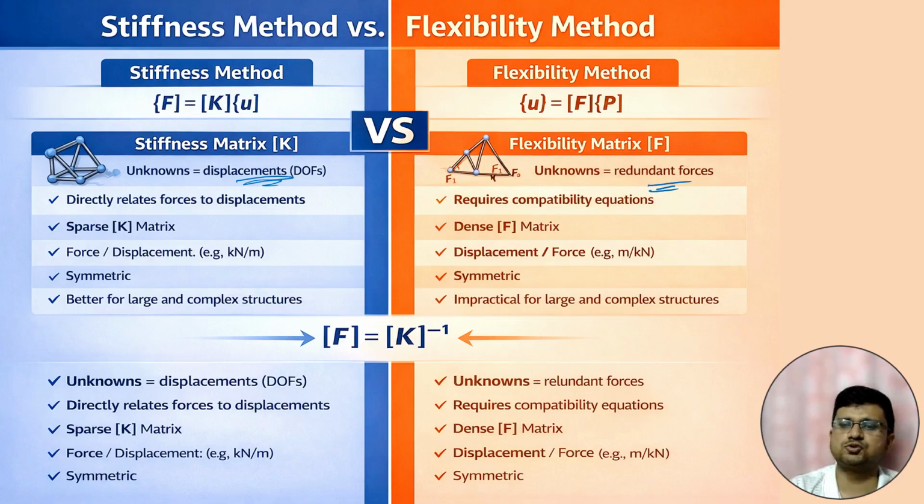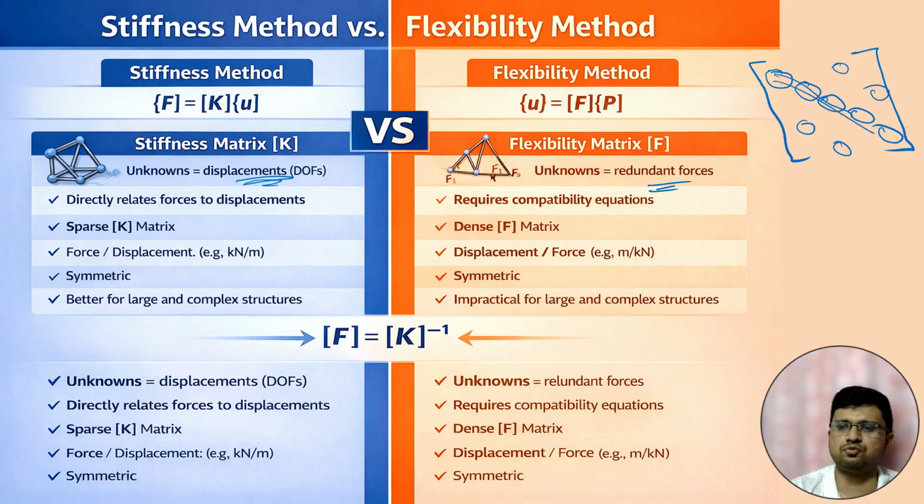Another very important thing is that normally stiffness matrices are sparse and banded. Banded means that if we go for a large stiffness matrix, most of the elements will be concentrated along the principal diagonal and other terms will be 0.